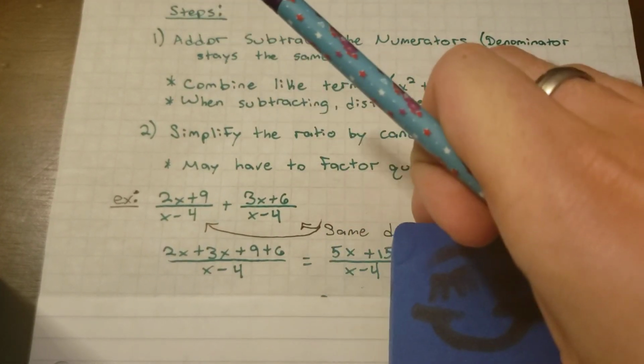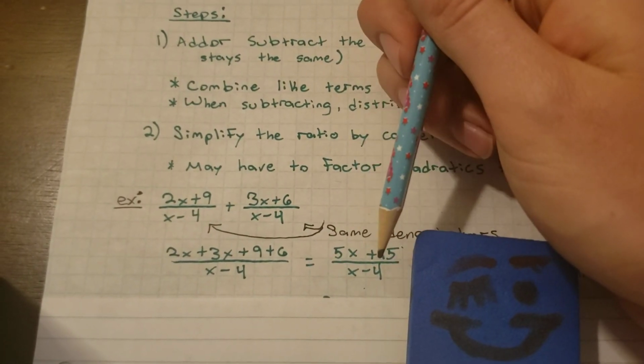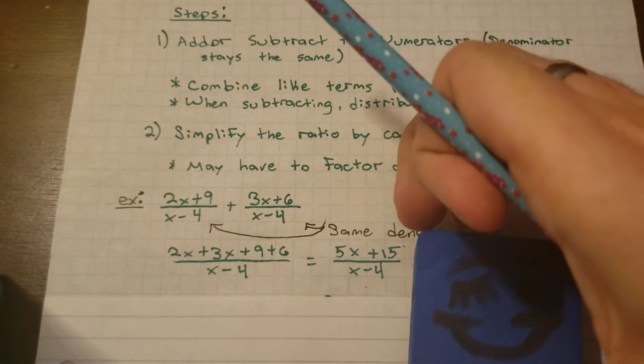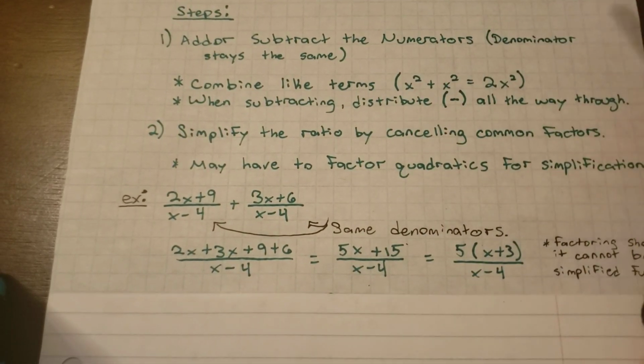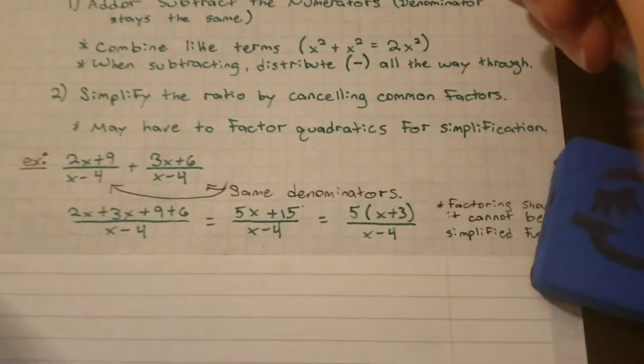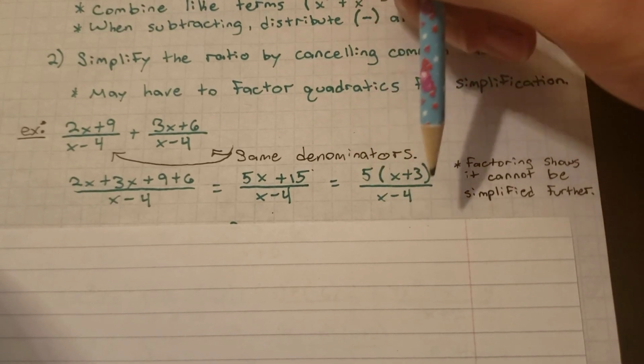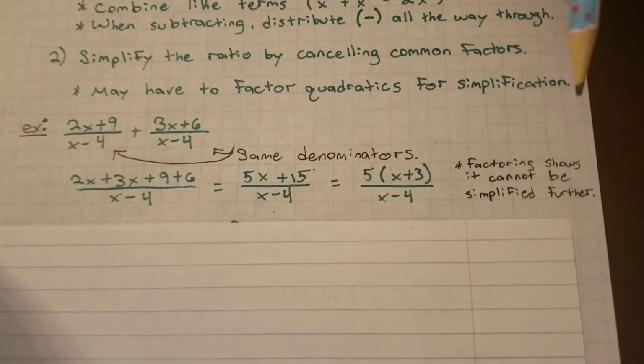Okay, so that's going to give me 5x plus 15 over x minus 4. Now, I'm going to factor out this 5 on top. And what this does is it shows that this whole expression cannot be simplified any further.